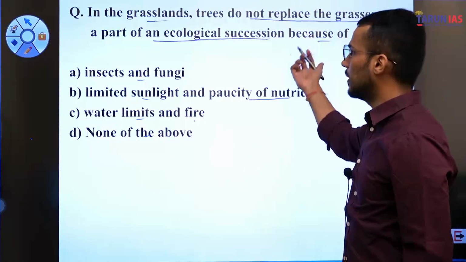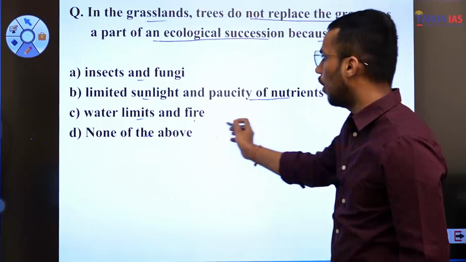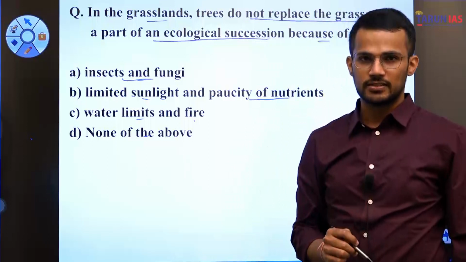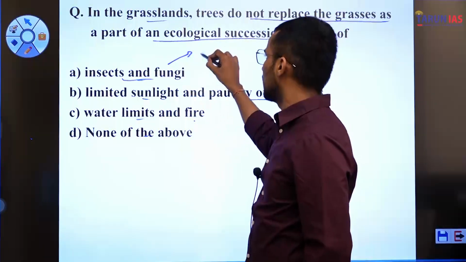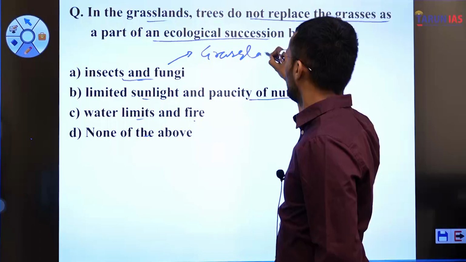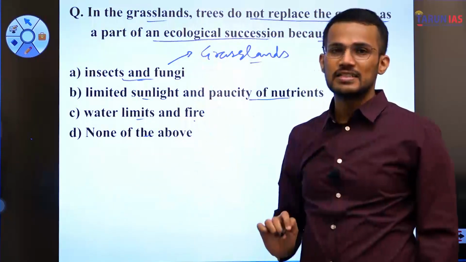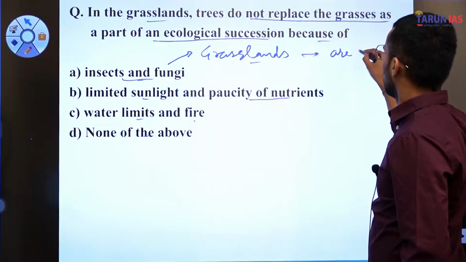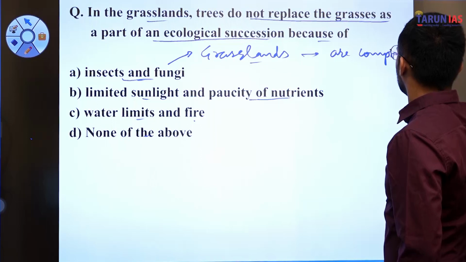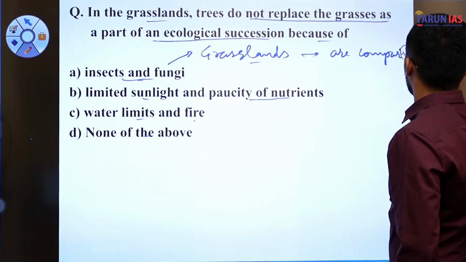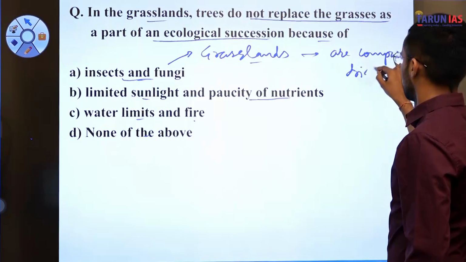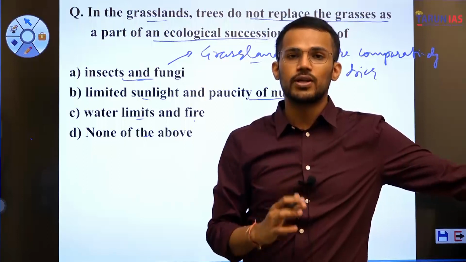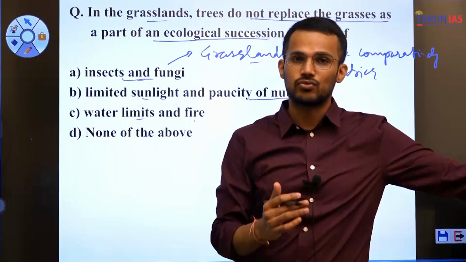First is trees won't be able to replace grasses because of insects and fungi. But that is not the case because grasslands are not the locations where we will have dominance of insects and fungi, because grasslands are comparatively drier locations, and as a result of this, the conditions are not favorable for the growth of insects and fungi.